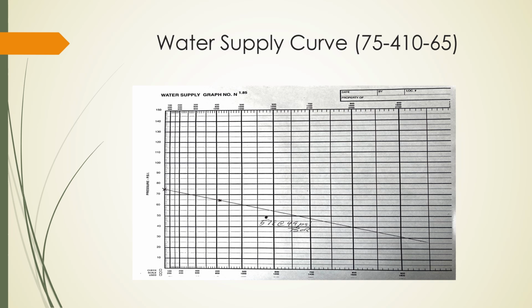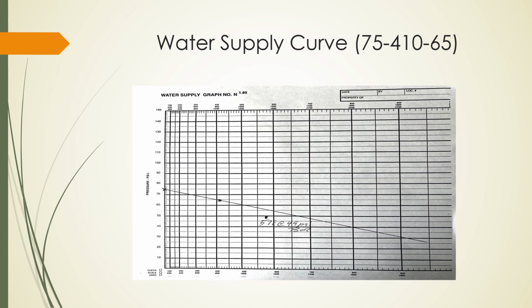Is that in fact what would happen with the water supply curve? Truth is, you really don't know what the water supply is beyond that 410 GPM flow, but we take it as an act of faith that the water supply will continue along that path. I say that with some confidence because I've done testing where the numbers have dropped off like a rock because there's been obstructions or other issues.